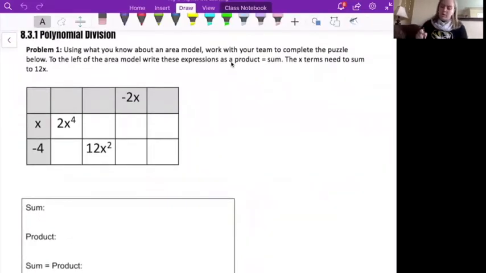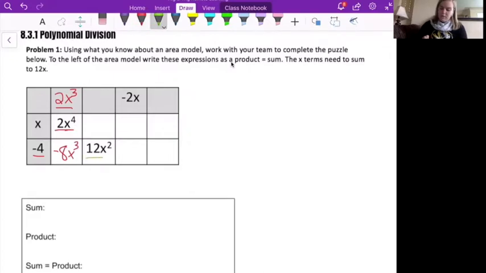Because of this 2x to the fourth, we know that this has to be 2x cubed, because 2x cubed times x would give us 2x to the fourth. Then 2x cubed times negative 4x gives us negative 8x cubed.